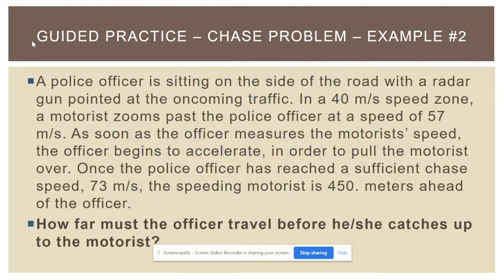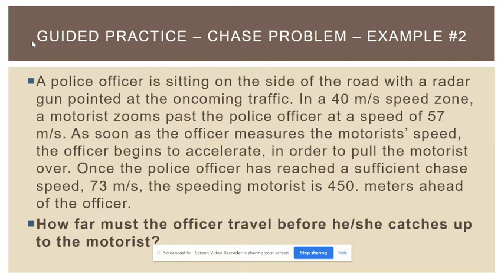A police officer is sitting on the side of the road with a radar gun pointed at the oncoming traffic. In a 40 meter per second speed zone, a motorist zooms past the police officer at a speed of 57 meters per second. As soon as the officer measures the motorist's speed, the officer begins to accelerate in order to pull the motorist over.